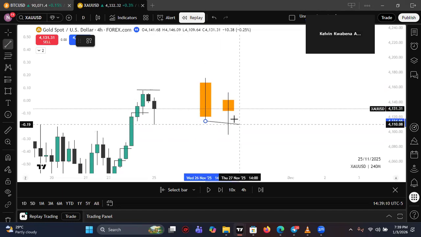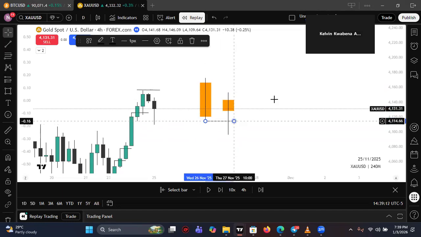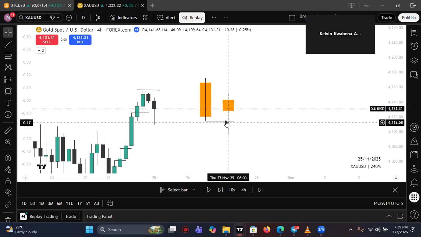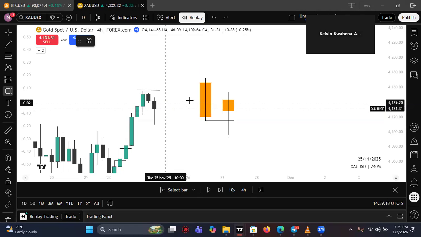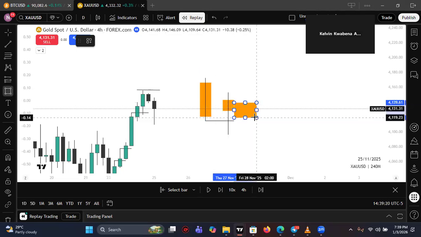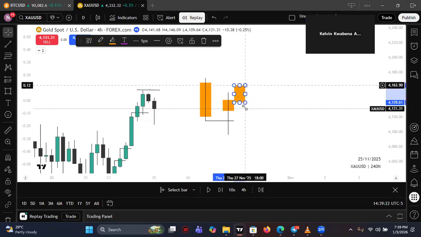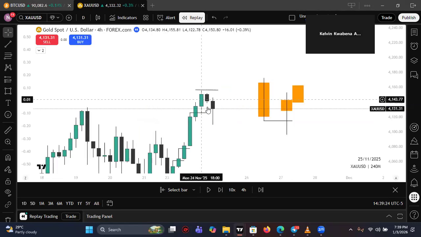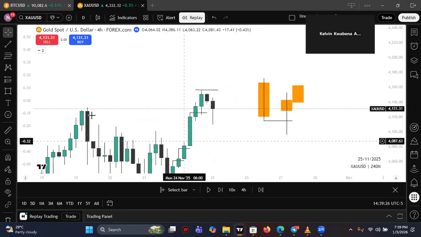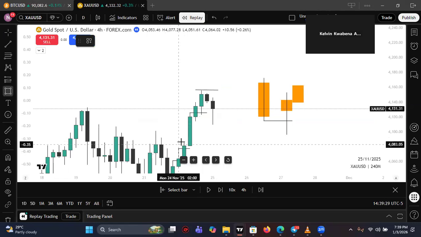Take note of this, right? If it closes inside the range this way, then you can assume that the third candle will open, print a low, then distribute upwards, right? But we're not getting that over here. But we are tagging a point of interest over here.